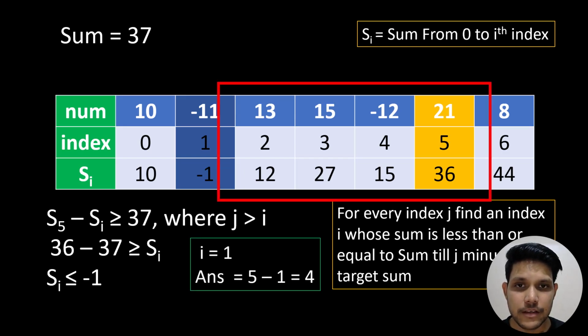So between the two indexes, if we calculate the sum adding 13, 15, minus 12 and 21, we will get a sum which is greater than or equal to 37. So the window size in this case is 5 minus 1, which is 4. So 4 is the answer.